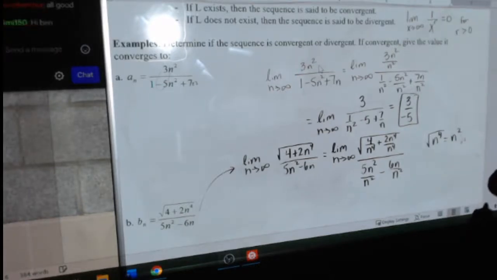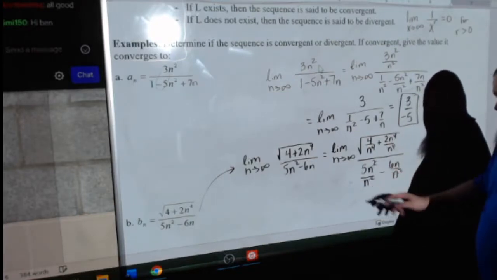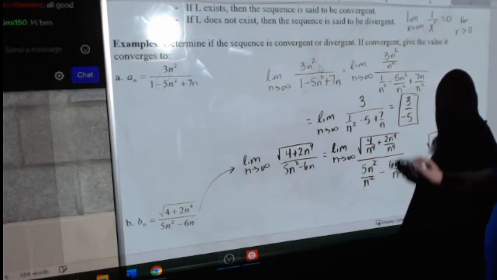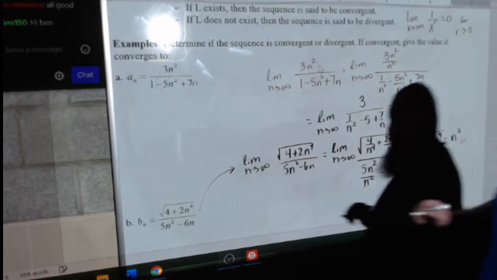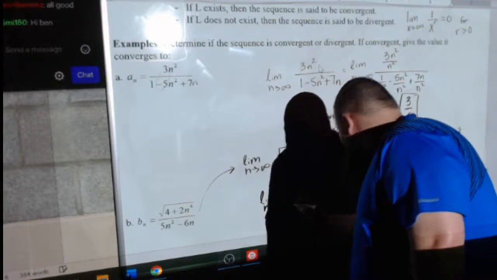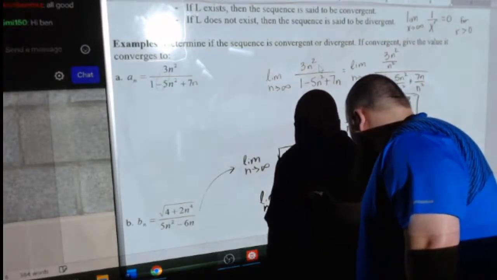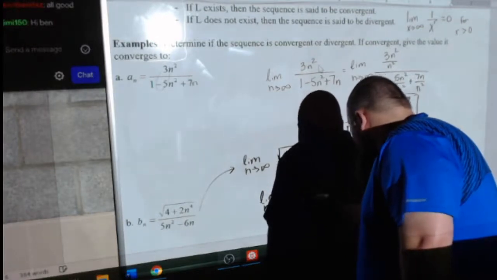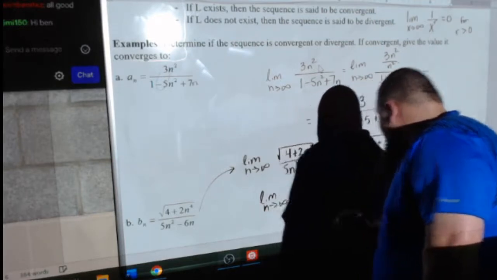Okay. So the n squareds cancel there, one of the n's there, n to the 4th's there. I am left with the limit as n approaches infinity of the square root of 4 over n to the 4th plus 2, all over 5 minus 6 over n.